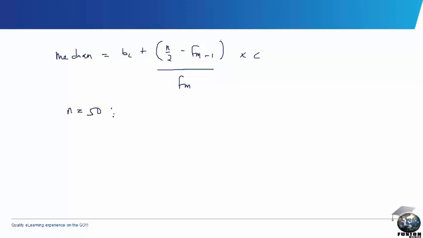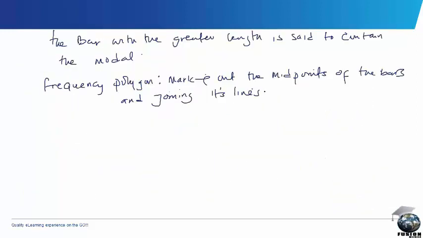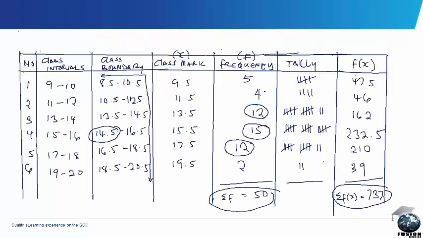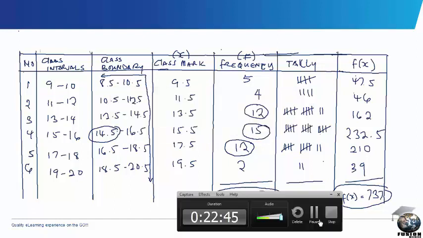We determine the median class by saying that the class that falls in between half of the data, 50 divided by 2, gives you 25. And 50 is an even number, so the 25th and the 26th numbers form the median class. Let's go back to our table of values, where we can discover which class is the median class.